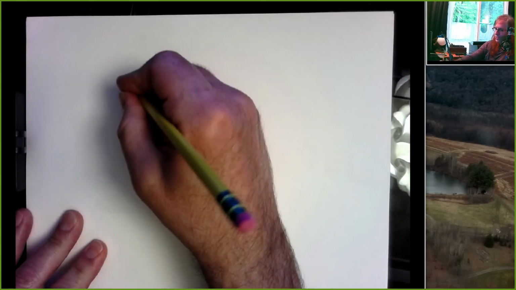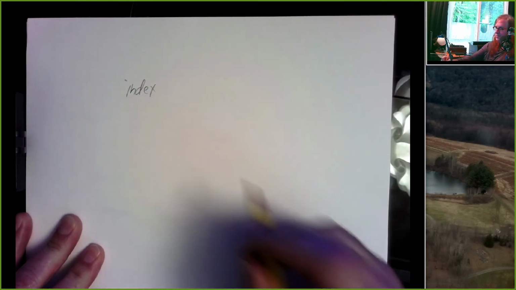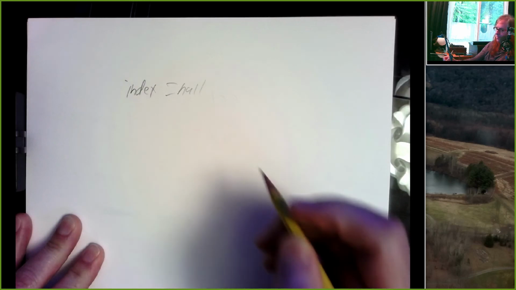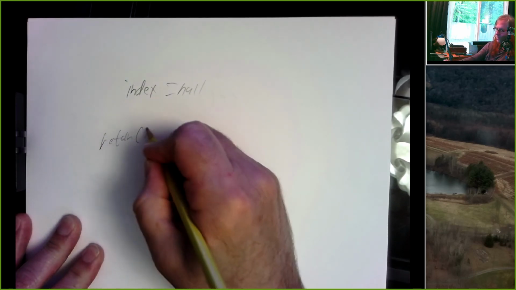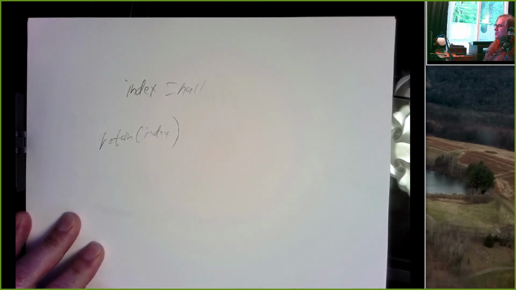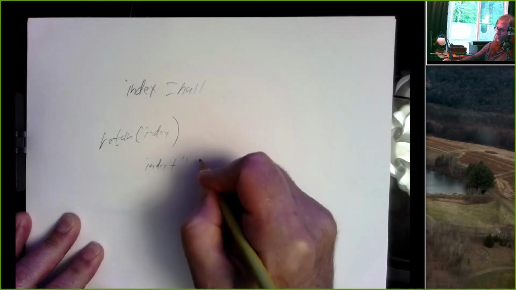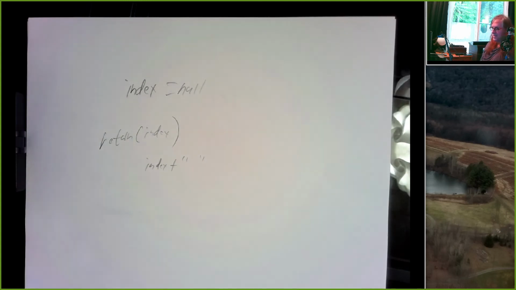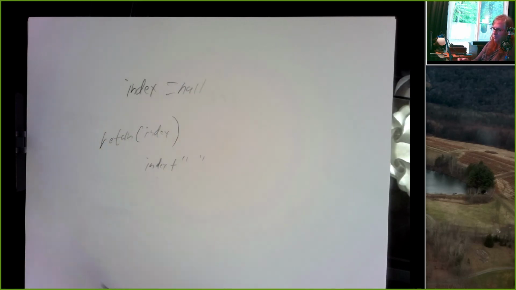So I think the string concatenator is just being a little too smart instead of being standardized. So if index is equal to null, and I return index, I've returned null. And if I try to print that with a print line, it'll print out null. If I try to do index plus quote quote, it's not calling the toString method on this because there is no way I can call index.toString if it's null.